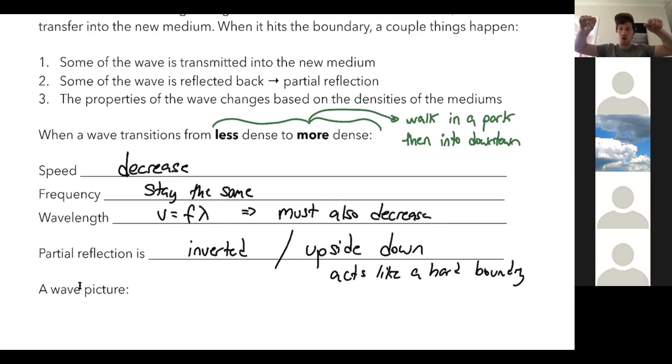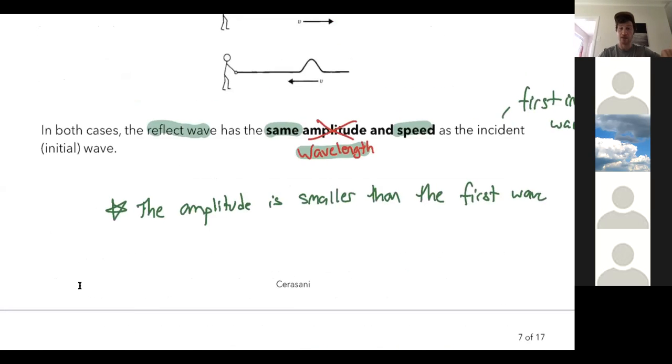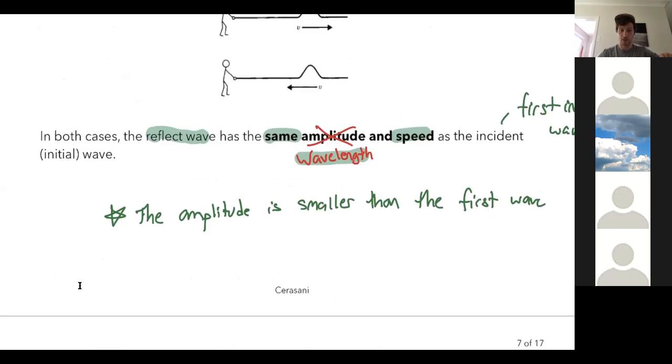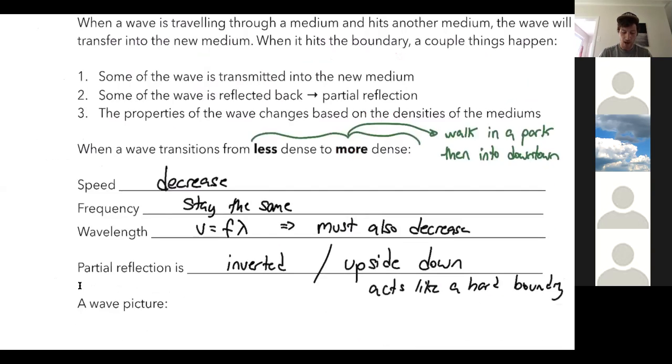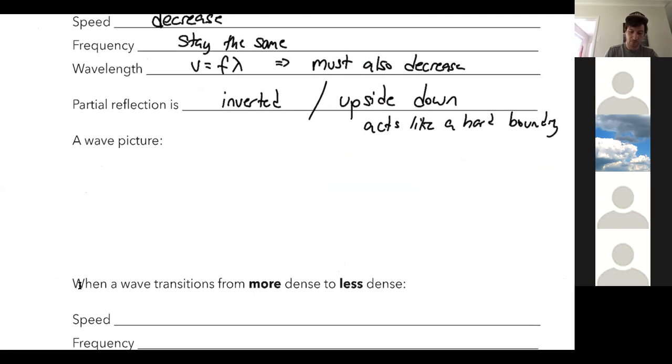That small rope can't move the thick rope very much, so it gets reflected upside down, just like we had up here. So a picture of this, we are going to get a small little wave. I'll send in a wave pulse like that.